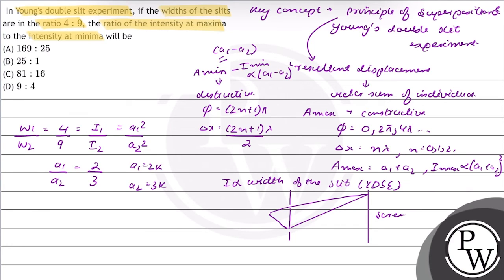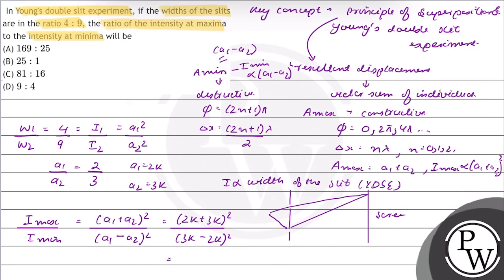So intensity at maxima I max upon intensity at minimum will be equal to (A1 plus A2) whole square upon (A1 minus A2) whole square. So this will be equal to (2k plus 3k) whole square upon (3k minus 2k) whole square.